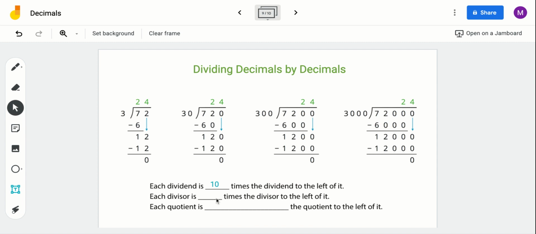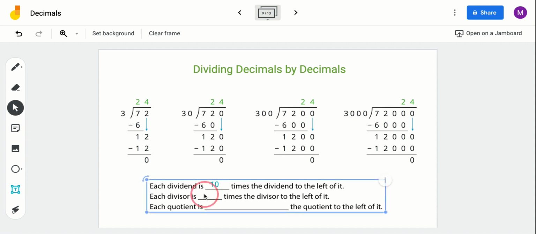Each divisor is blank times the divisor to the left of it. The divisor is the number we're dividing by. The divisor to the left of this is 3, so this divisor is 10 times as much as this one. 300 is 10 times 30. 300 times 10, 3,000.